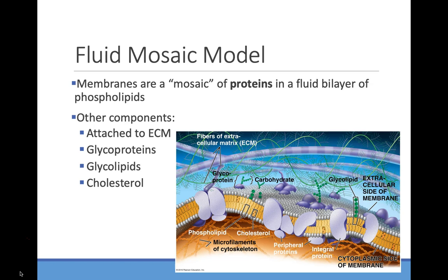So those proteins are not locked down necessarily. Some of them are anchored to the extracellular matrix, but a lot of those other components, the cholesterol, the phospholipids themselves, some of the proteins can move in a fluid manner. They can flow past each other.